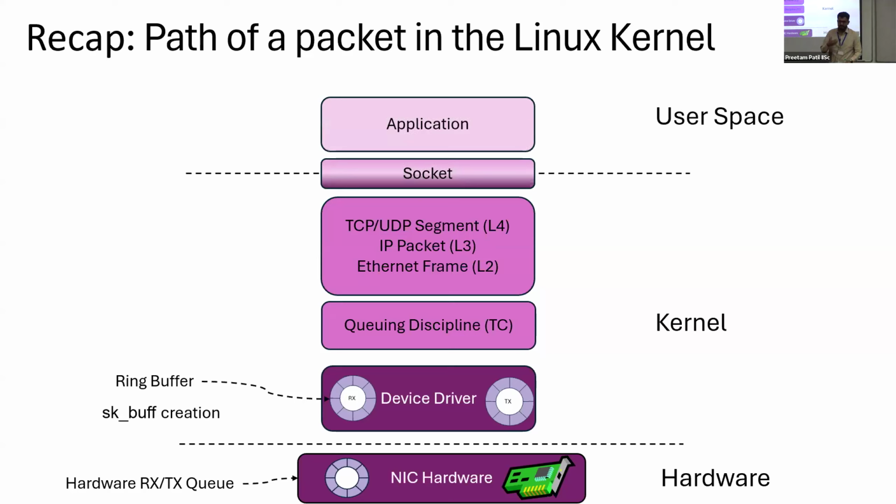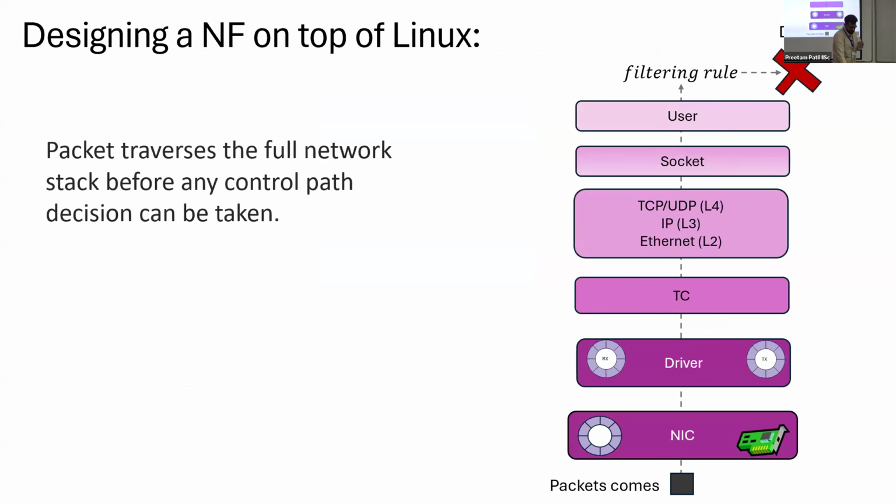So one single packet that you were to send to an application has to traverse all of these layers to be finally received. The problem that this brings in is, if you are designing a network function on top of Linux, the packet has to traverse this entire source code before even reaching the application.